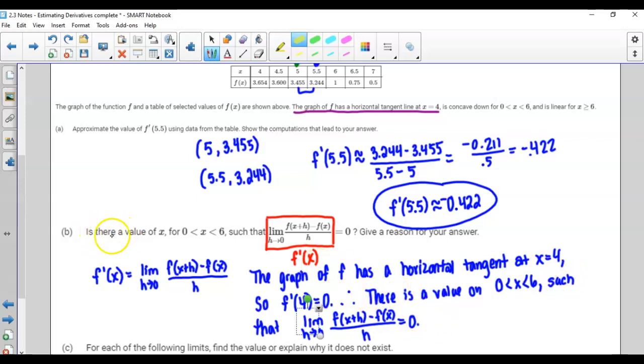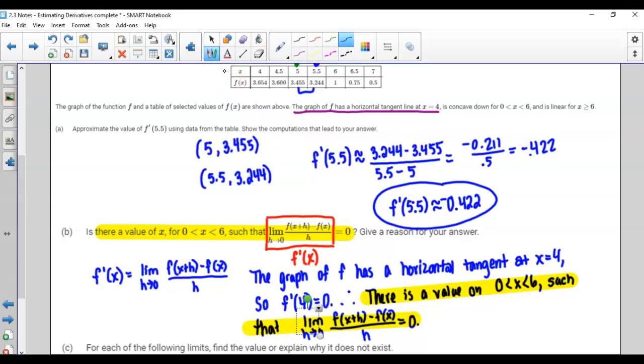They said, is there a value of x on 0 to 6 such that this equals 0? And so I gave my reasoning about the tangent line, and then I said, therefore, there is a value on this such that this is true. So I just restated the answer to the question. And that's a good practice to use whenever you're doing a free response question for AP.